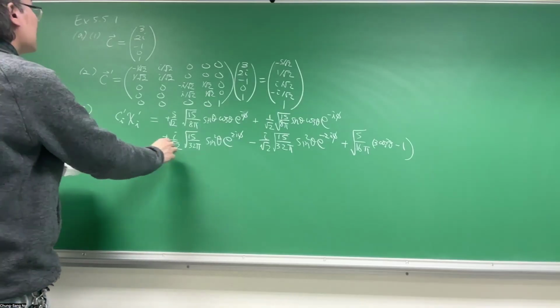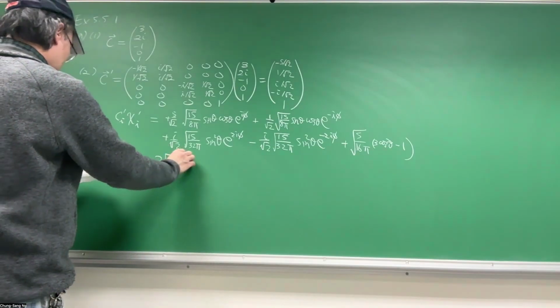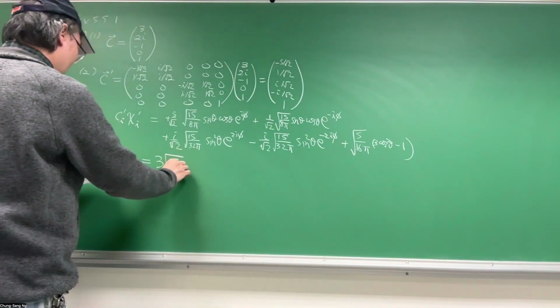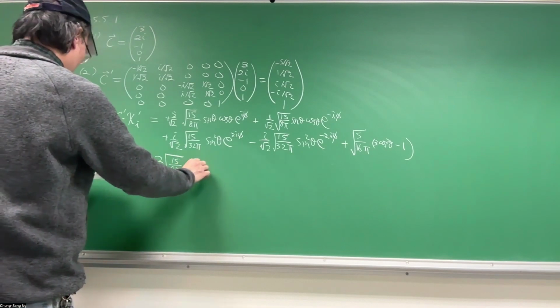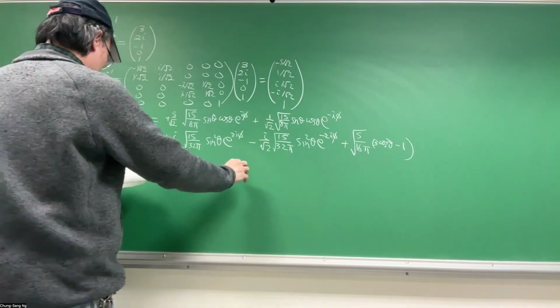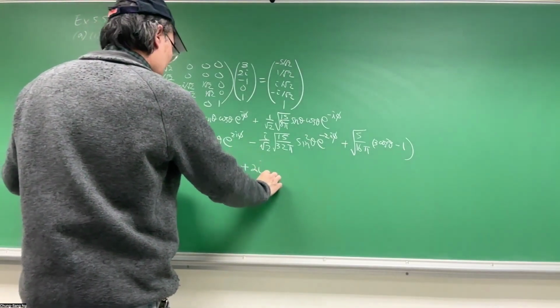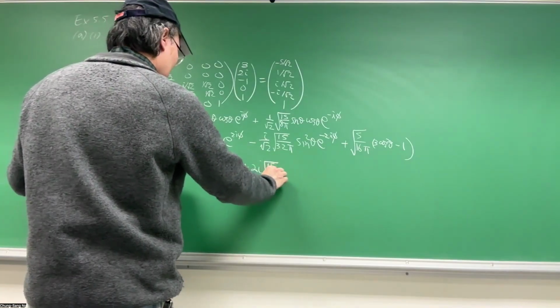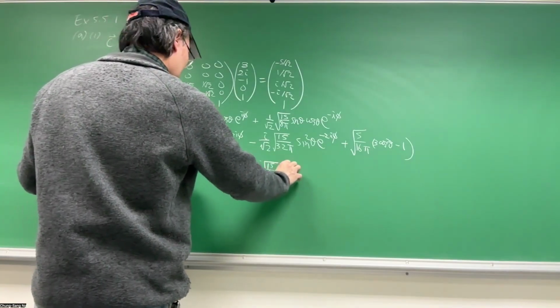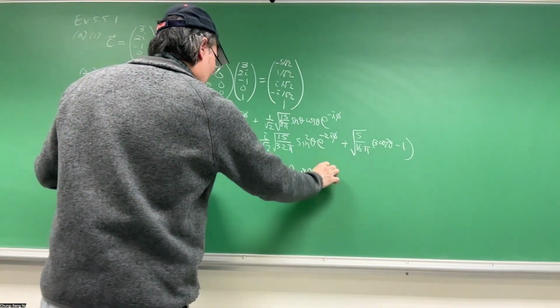So it's 3, whether it's equals to 3 or 15 over 4 pi sine theta cosine phi plus 2I square root of 15 over 4 pi theta cosine theta sine phi.